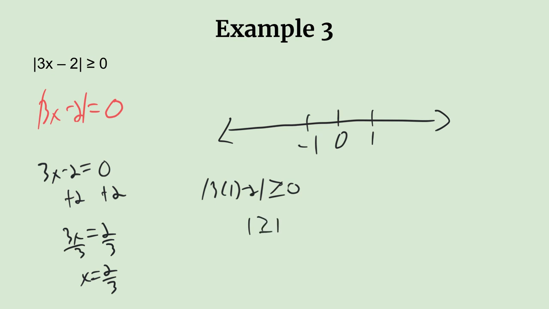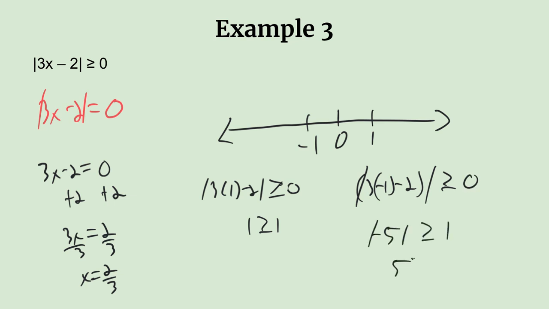If you plug negative 1 in, you get negative 5 and 5 is greater than 0. So they both check. So your answer then is just all real numbers.